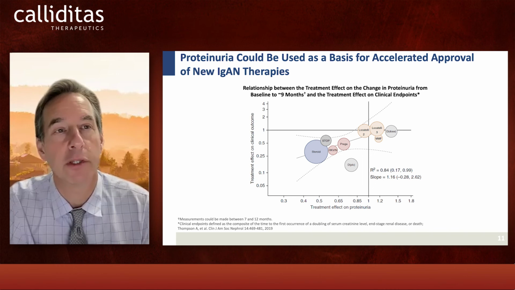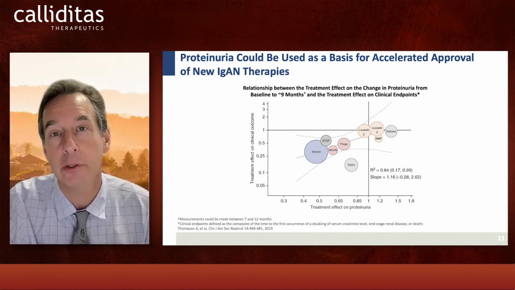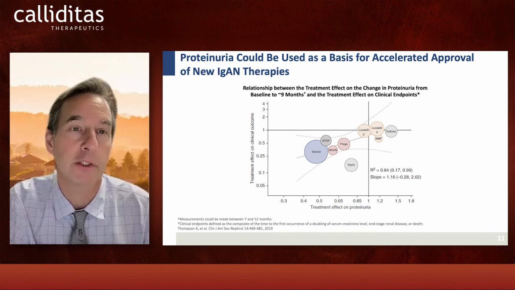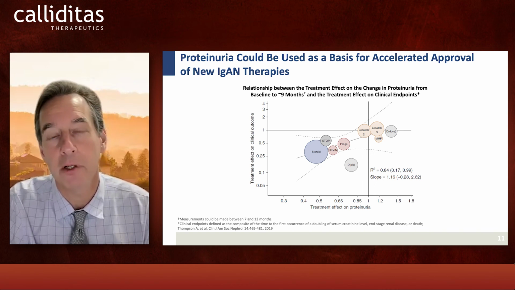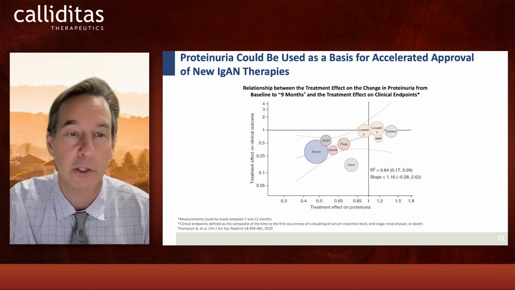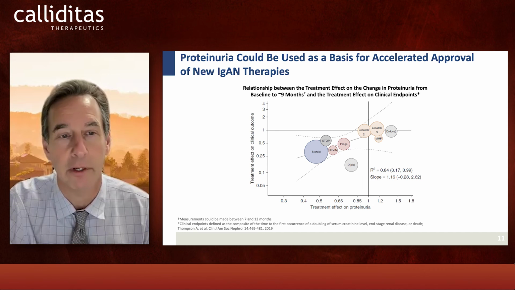Therefore, it was thought that proteinuria could actually be used as a basis for accelerated approval of new therapies for IgA nephropathy because of this strong relationship between a treatment's effect on proteinuria and the treatment's effect on clinical outcome.